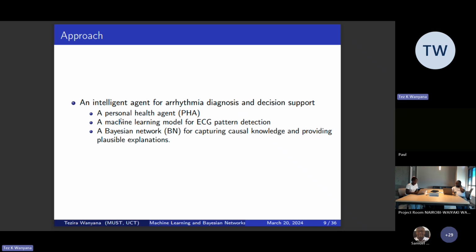We came up with what we call a personal health agent, and it combines a machine learning component for ECG pattern detection, and a Bayesian network for capturing causal knowledge and providing plausible explanations.